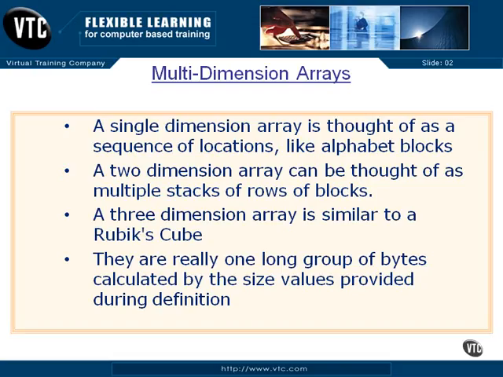A two-dimension array, we already said, is like a spreadsheet, or can be thought of as a stack of rows of blocks. So you put another stack on top. Now we have a multi-dimensional array, but they still all have to be characters, or all integers, all floats, all doubles. We cannot mix up the data types, even though there are two different rows of data, because what's really happening is that these items are one long contiguous group of bytes in memory.